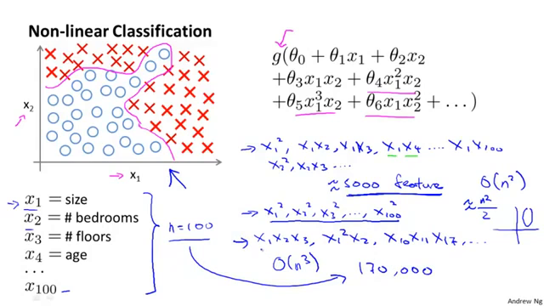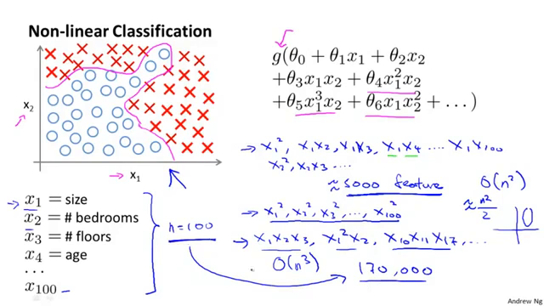And so including these higher order polynomial features when the original feature set n is large, this really dramatically blows up your feature space, and this doesn't seem like a good way to come up with additional features with which to build nonlinear classifiers when n is large.